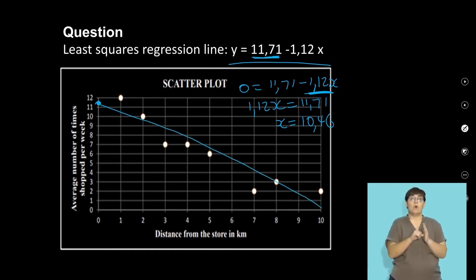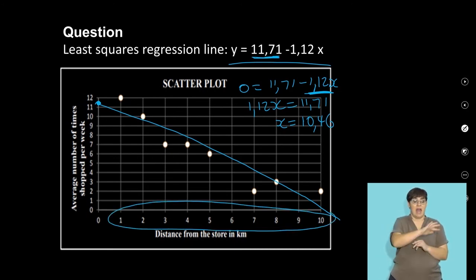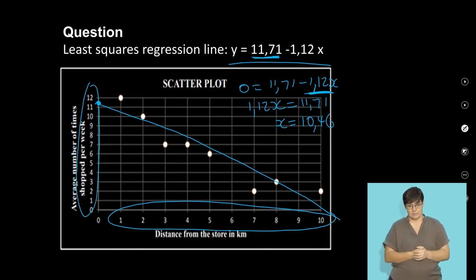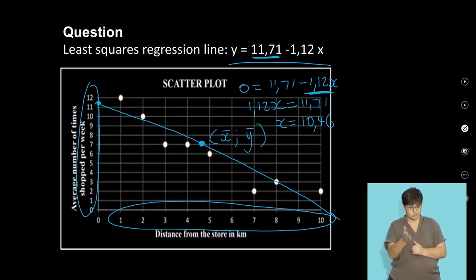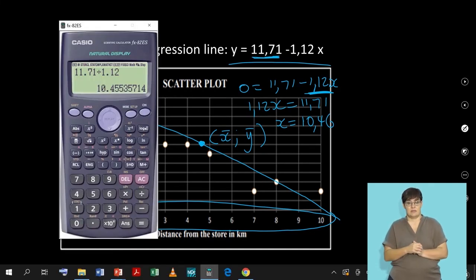But what is important also, we have to calculate the mean. What is the average for the distance and the average for the number of shop visits? You have to indicate that this line passes through the mean of x and the mean of y. We still have our data, so we can check the mean.